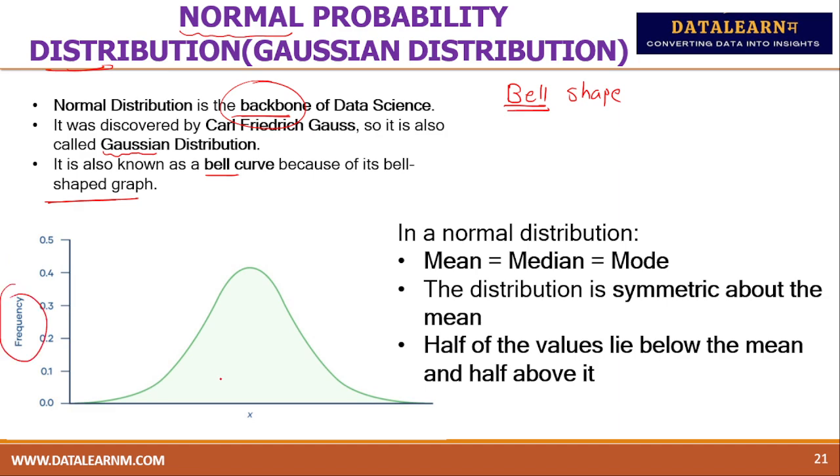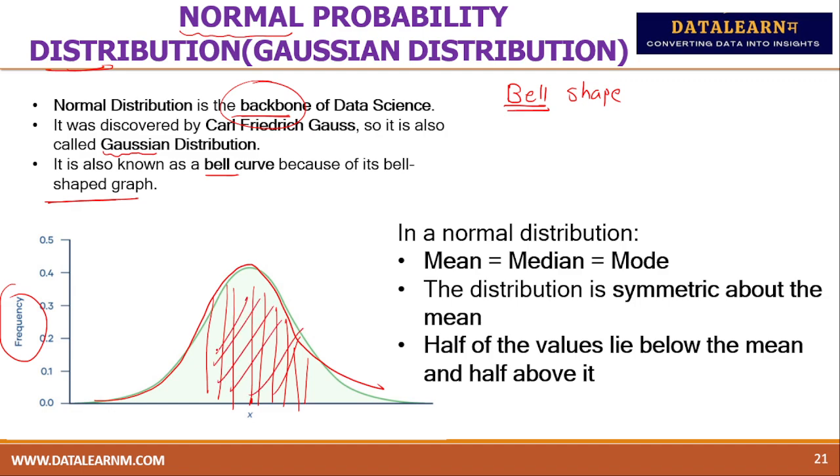On the y-axis you have the frequency, on the x-axis you have the values. Why is this shape like this? Because most of the values are lying in this region, around the mean, so the shape will go up this way. Is it okay? Okay, sir.